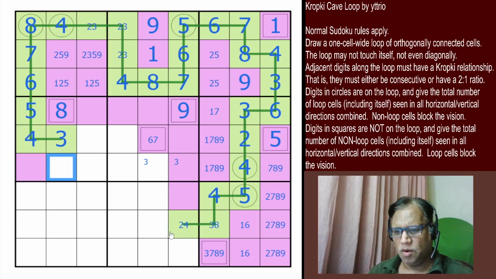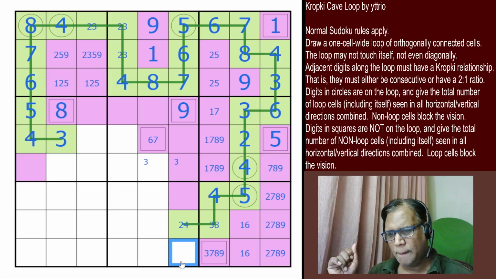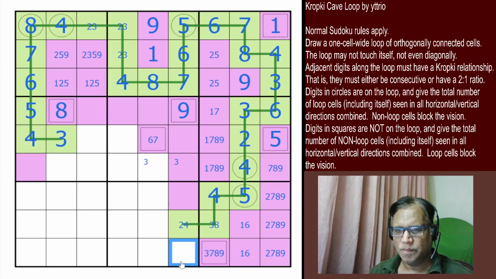Hmm. What about this? Is this going down or going like this? If it is going down, this has to be 3, this has to be 8, this has to be 4. After 4, it could be 2 or 8. 2, 4.